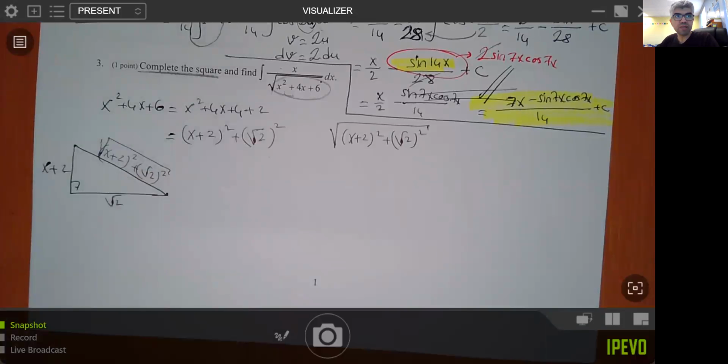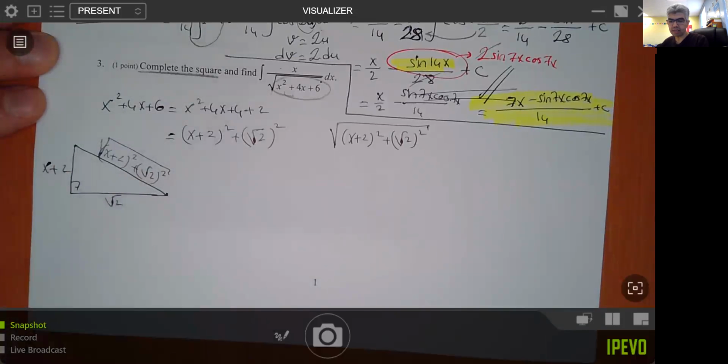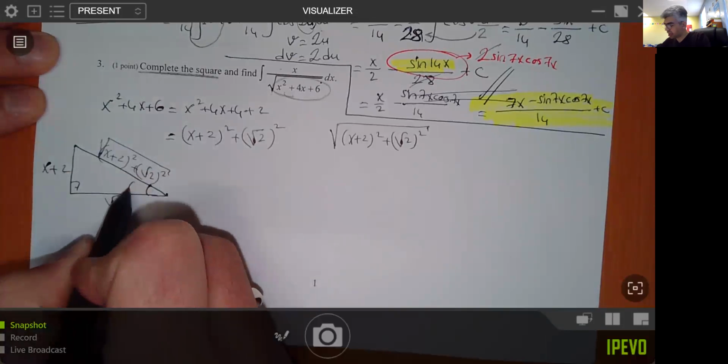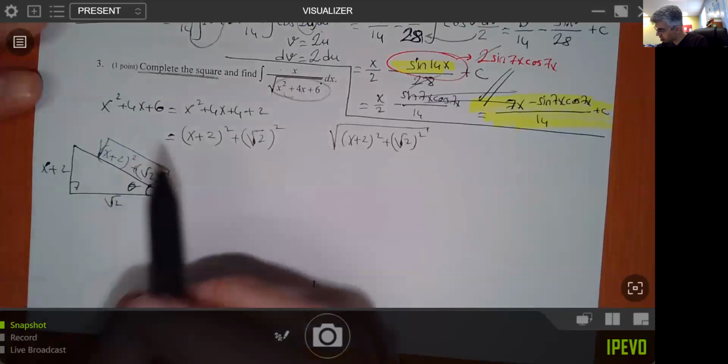So why do we need to show these numbers as length of a right triangle? Because in a right triangle, we have trigonometry. So here, the ratios of the sides give us what, guys? If I take this angle theta, okay? From here, I can write sine theta, cosine theta, or tangent theta. So what is tangent theta here?